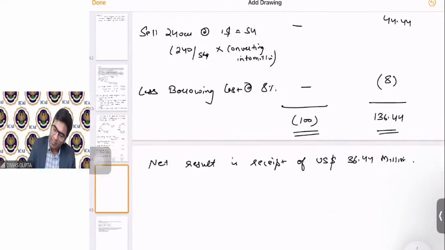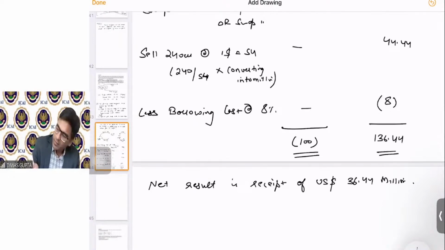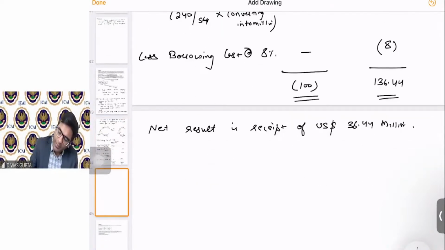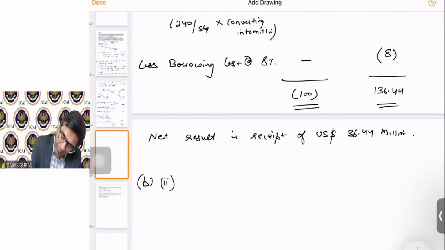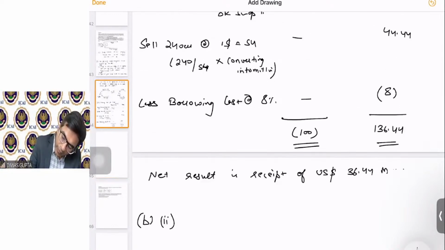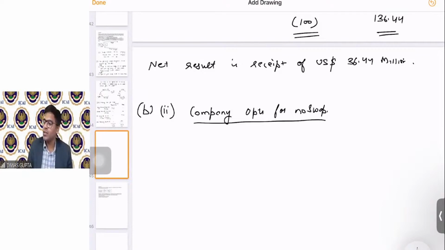Okay. Now B part, second sub part is without the swap. Let's say the company opts for no swap. Now in such a case, students, what will happen?